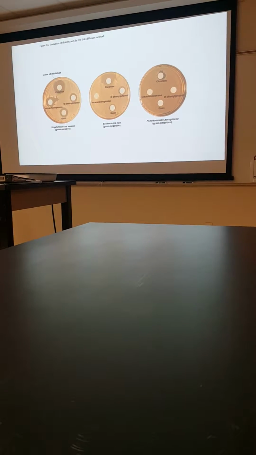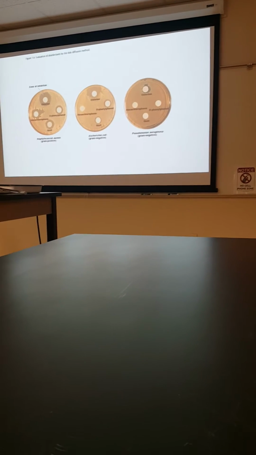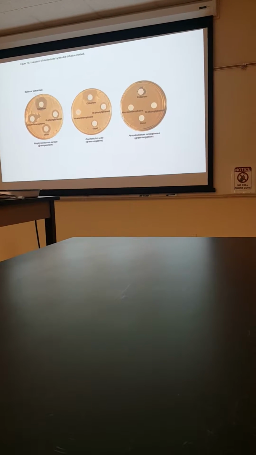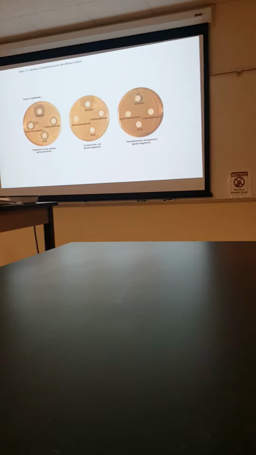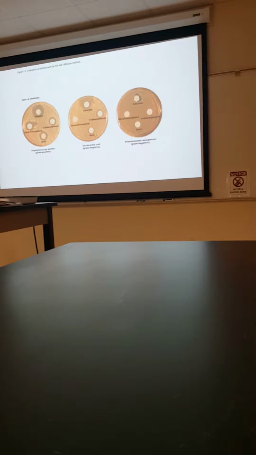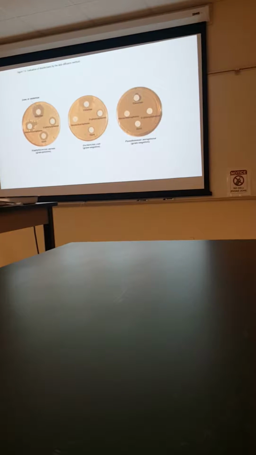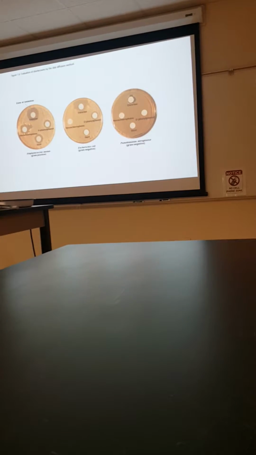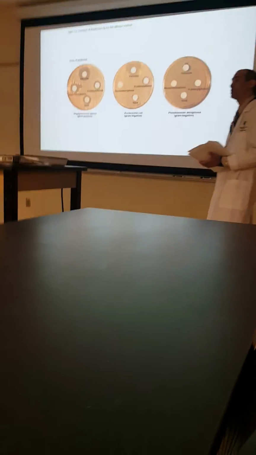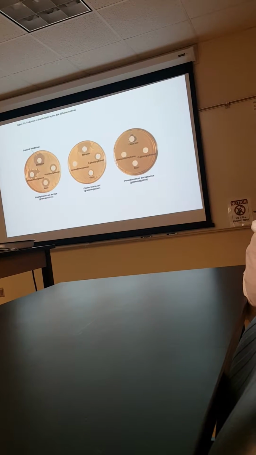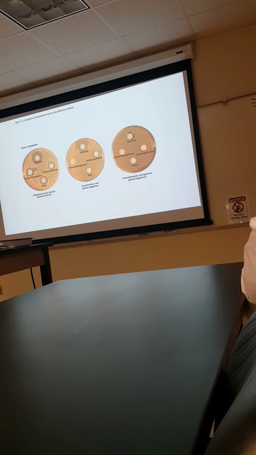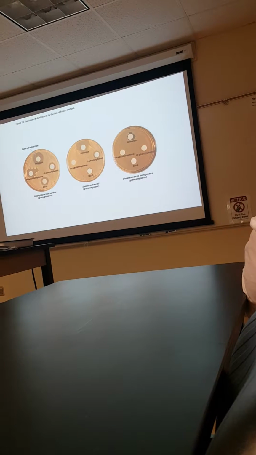Sometimes an antimicrobial does not work in a patient, even though it may seem to be the correct drug, and one reason is that the bacterium has developed resistance to the antimicrobial. So bacterial resistance is one reason why an antibiotic may not work in a patient. I believe I mentioned that when we were going over this.